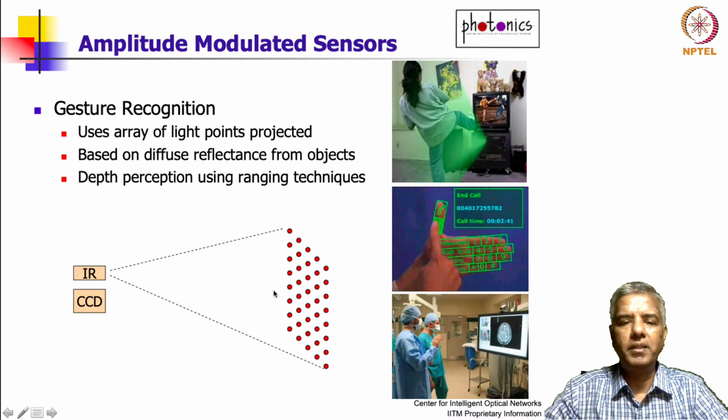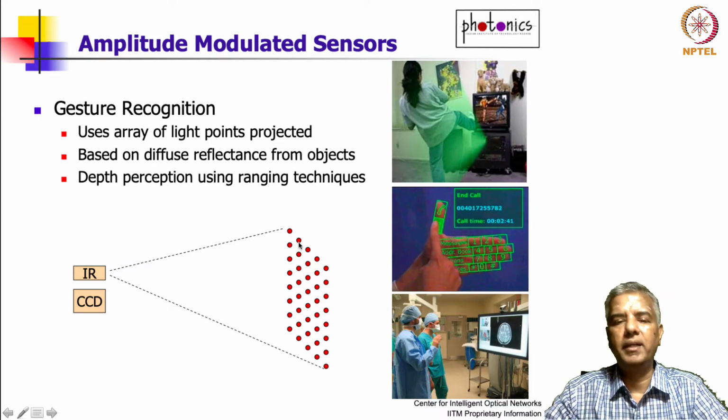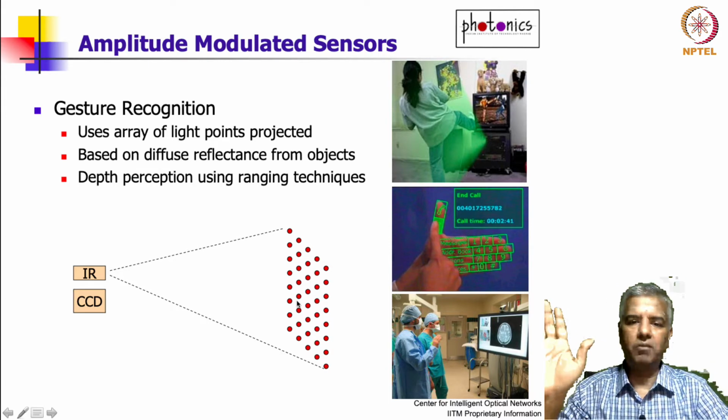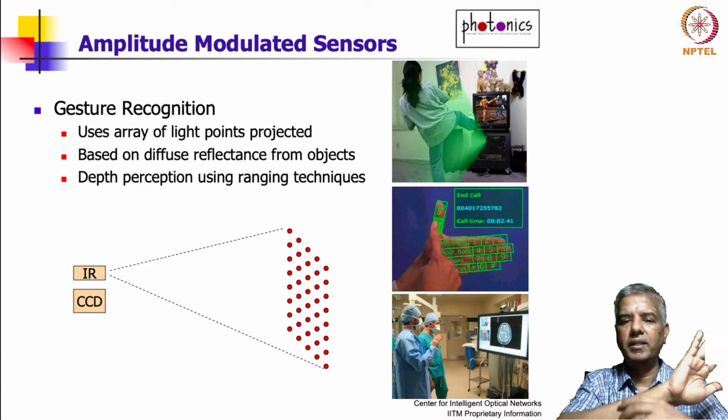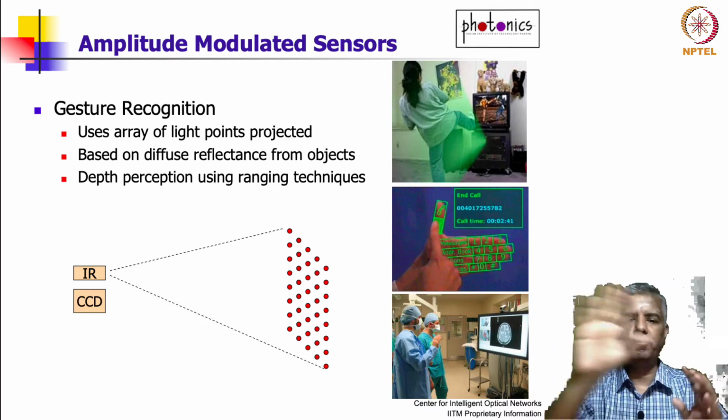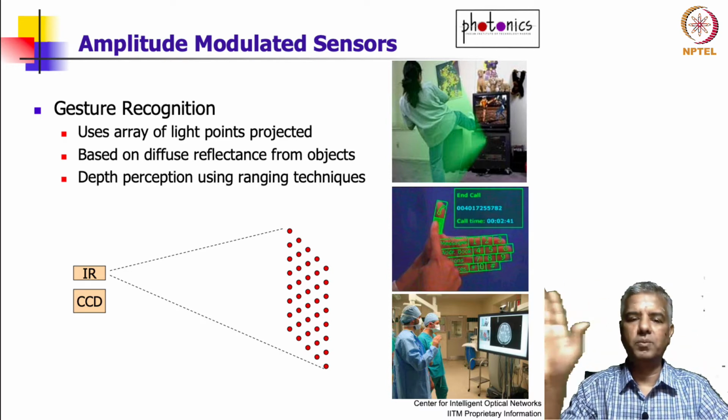right? So you can imagine if you want to have very fine features, these dots could be much closer, and then you will be able to make out even the smallest of gestures. So this is quite useful, because whenever you are making a gesture from, let's say from here, you are waving your hand over here, then I am actually scattering a different set of points with respect to this.